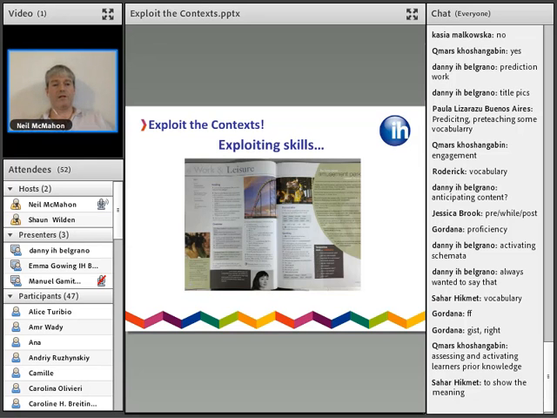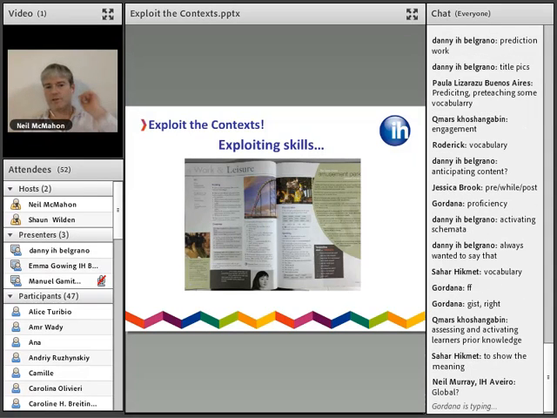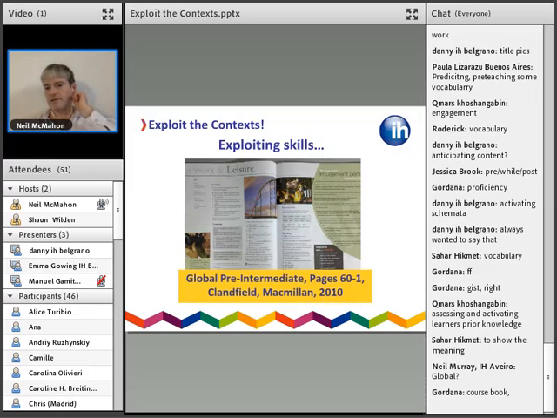So we'll start our skills with a receptive skills lesson, and hopefully you can help me with the stages of a receptive skills lesson. So, for example, we will start with a lead-in, introducing the topic of the text we're going to be receiving, either reading or listening. What other tasks would you do with a text? If you could quickly help me with the stages of a receptive skills lesson.